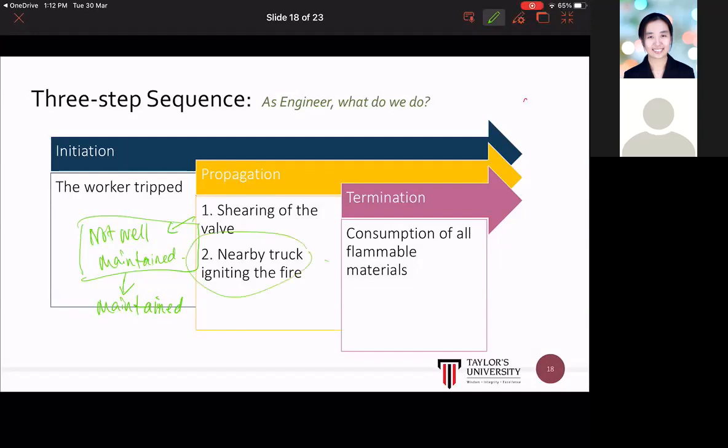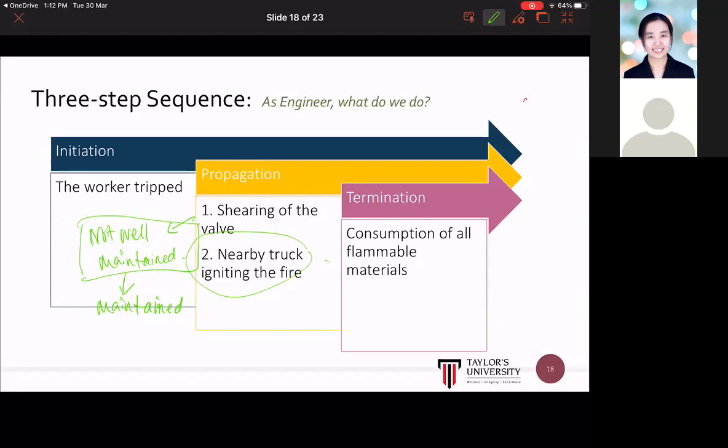So what can we do as an engineer? You may want to talk to the safety departments and say, look, now we have this issue where trucks shouldn't be parked near the process area. Can we have all the trucks or all the vehicles rerouted to another area to prevent accidents like this?